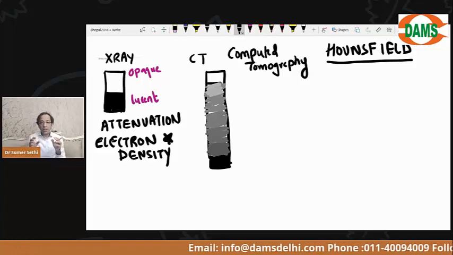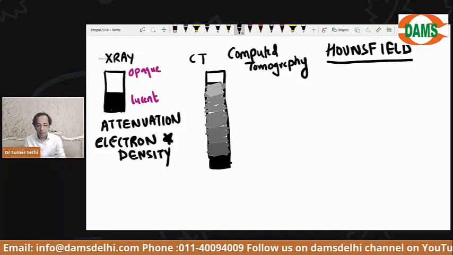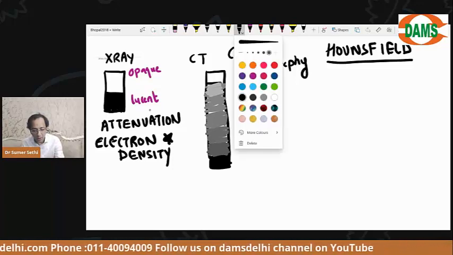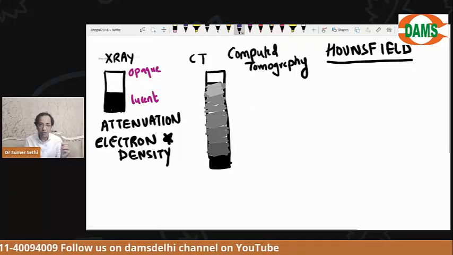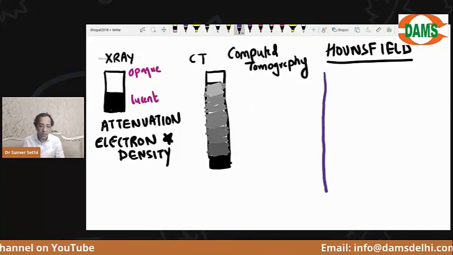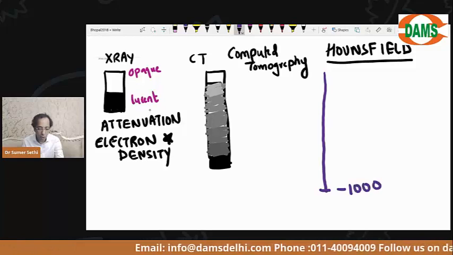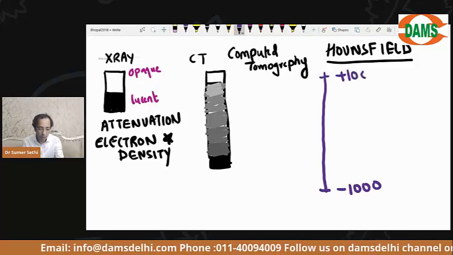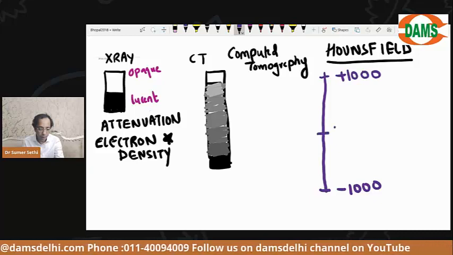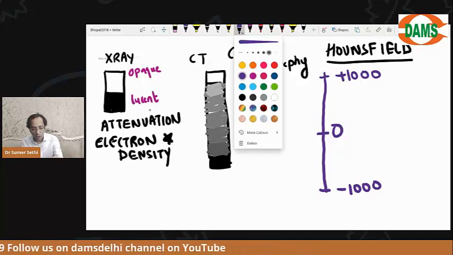Hounsfield calculated the attenuation of every tissue. He calculated the X-ray stopping power or attenuation of every tissue, and he represented it on a logarithmic scale ranging from -1000 to +1000. In between you have 0. This is called the Hounsfield scale.